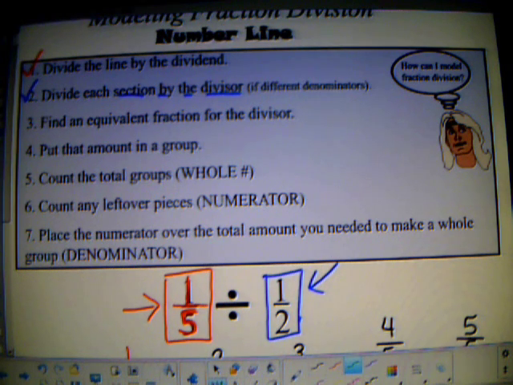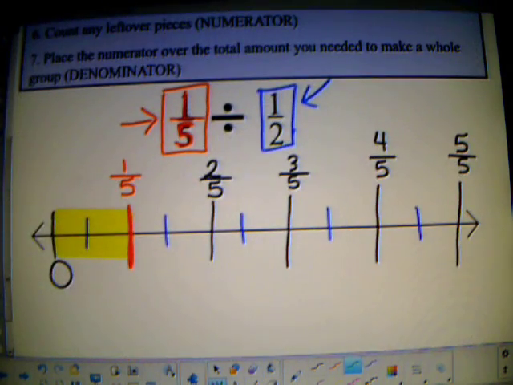Step number 3 says to find an equivalent fraction for the divisor. Remember, 1/2 is your divisor. So to find an equivalent fraction for the divisor, first I list the divisor. Because it has to be equivalent, equivalent means equals.